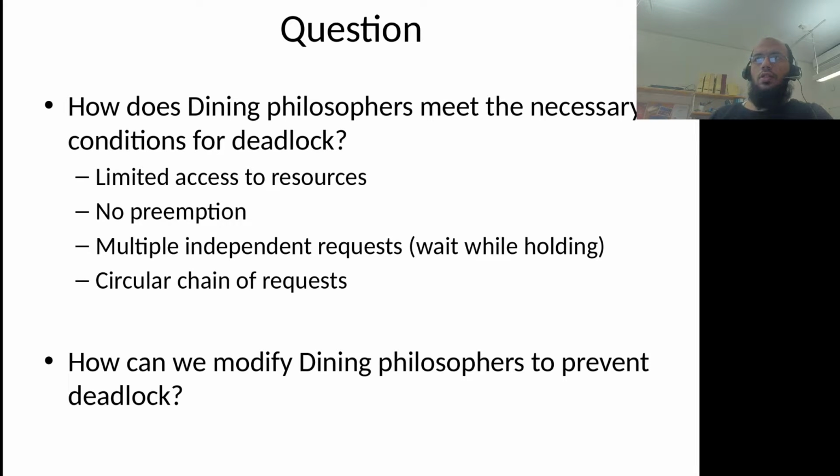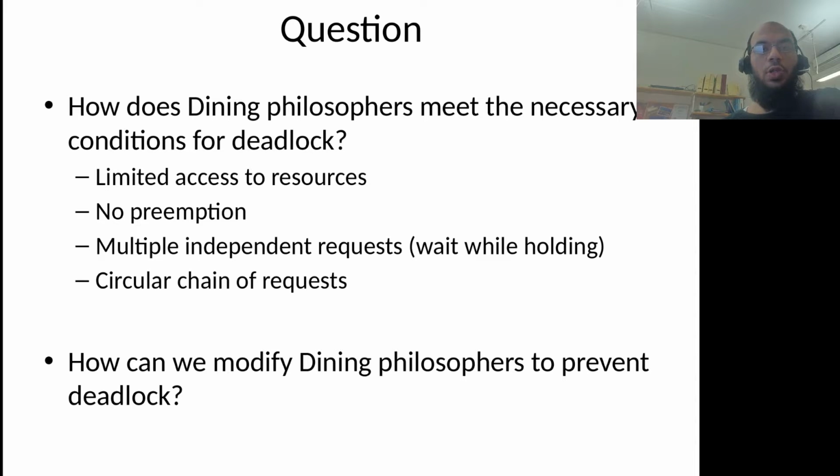And the dining philosophers meet the necessary conditions because you have limited access to resources. The number of chopsticks is equal to the number of people at the table. There is no preemption. If you take a chopstick away from a philosopher, then they're no longer in a deadlock.